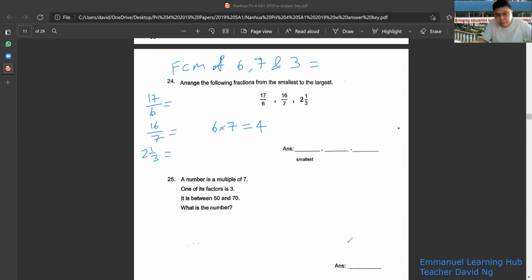Try 6 times 7. 41. No. Can you tell me what is 6 times 7? 6 times 7 equals 40... 40 what?